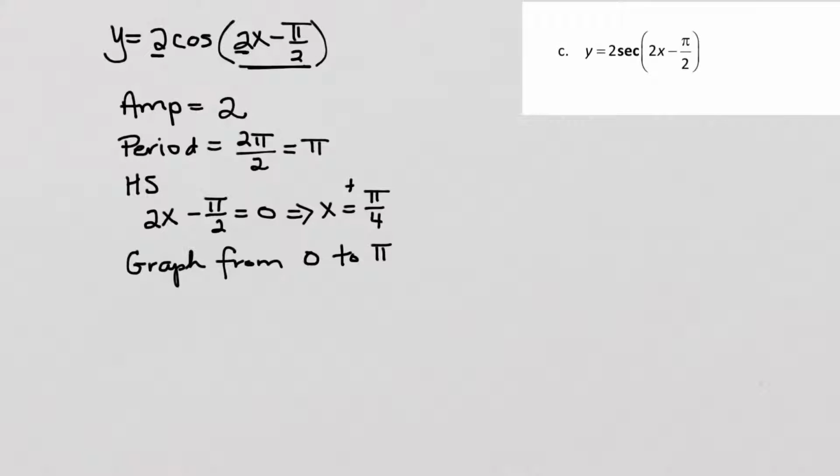But we have a horizontal shift, so I need to add pi over 4 to each of these end values, and we get pi over 4 to pi plus pi over 4, which gives me 5 pi over 4. So let's take a look at this cosine graph.